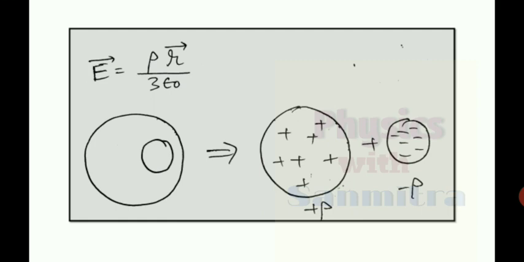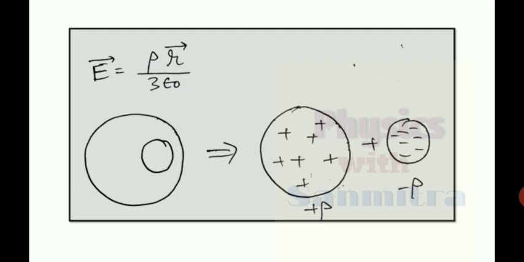See, exactly I have done this here. Electric field inside a uniformly charged non-conducting material is given by E equals rho into r vector by 3 epsilon naught. Why am I writing rho into r vector here?